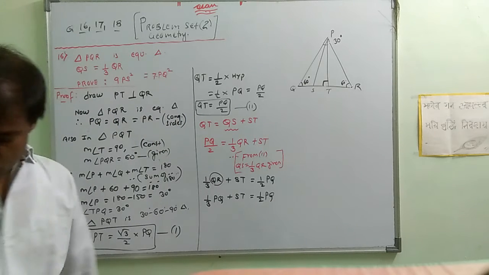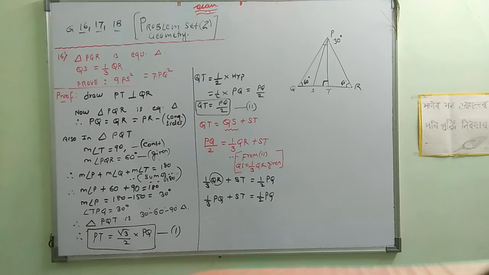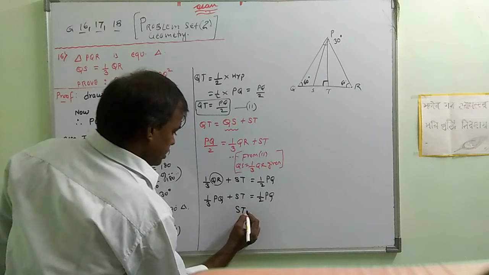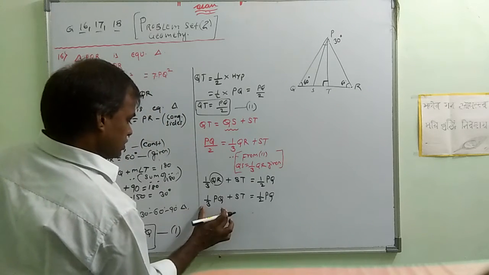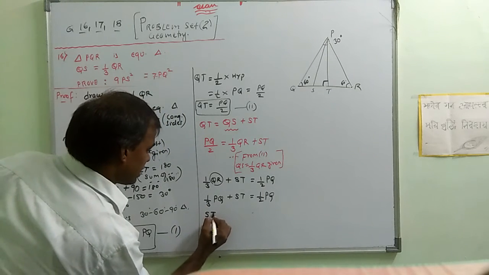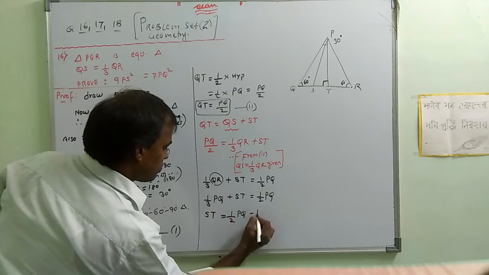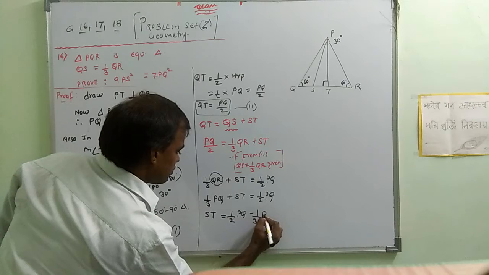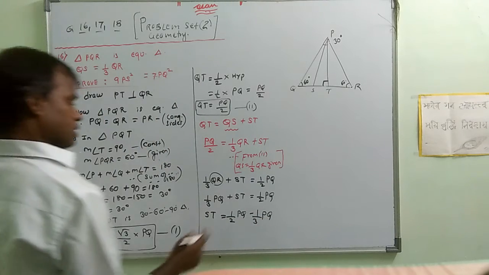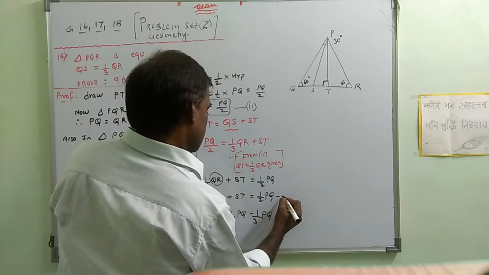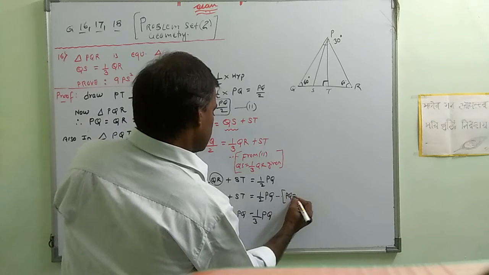Therefore, ST equals, this goes to the right hand side, so we get ST equals half PQ minus 1 upon 3 PQ. Here we write the reason: PQ equals QR.